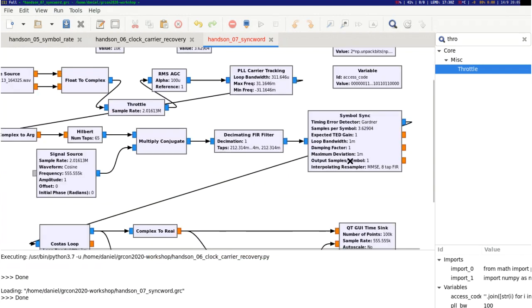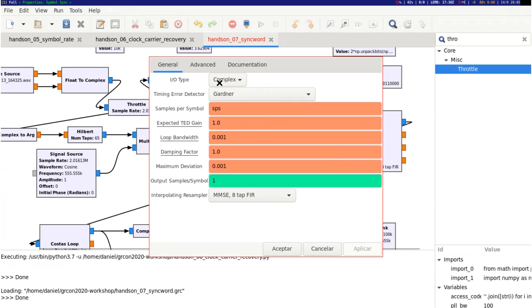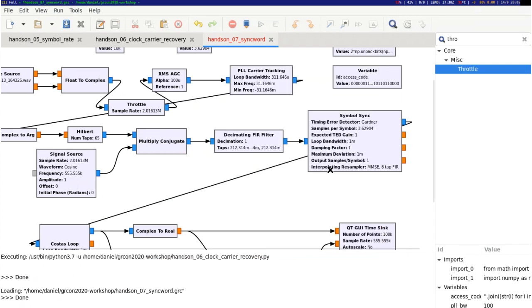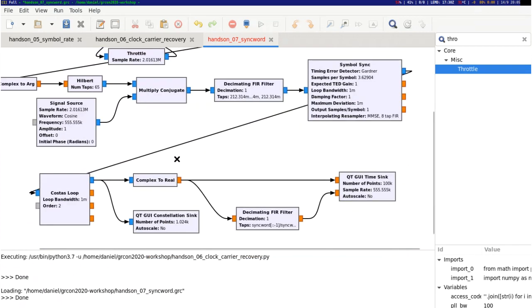But it is good enough for us. And then when working with the symbol sync block, no, you don't need any sort of integer number here. It can work correctly with any samples per symbol you can think of. And M&M, which is the Mueller and Mueller block, is a very popular block.